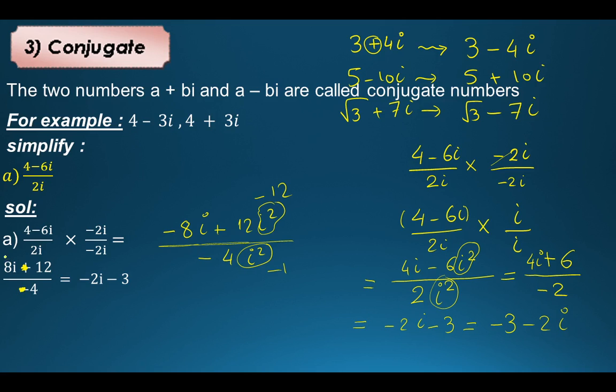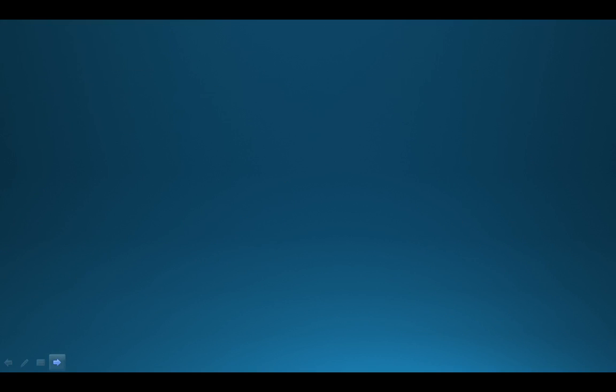Negative 8 divided by 4 equals negative 2, and negative 12 divided by 4 equals negative 3. Here you have to put it in the form of a complex number, so it will be negative 3 minus 2i. Okay, let's go to another example.